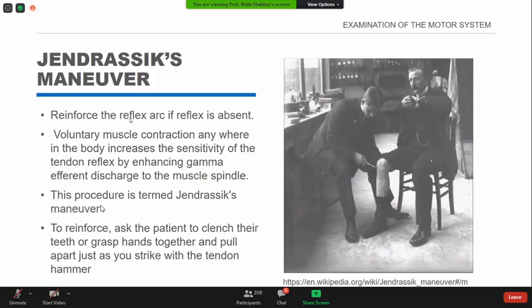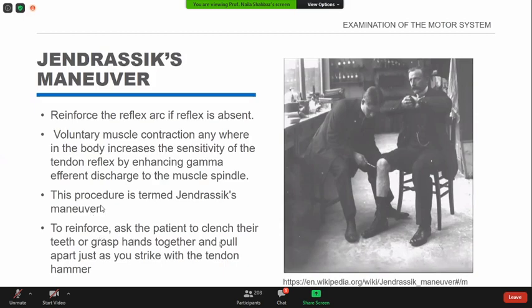To ensure that the reflex is absent, we reinforce the reflex arc. This is done by voluntary contraction of muscles anywhere in the body. This increases the sensitivity of spinal reflexes. The procedure is known as Jendrassik's maneuver.